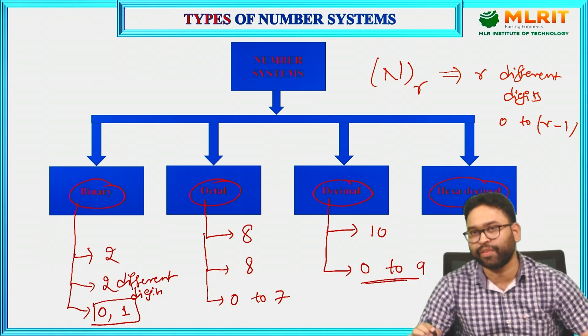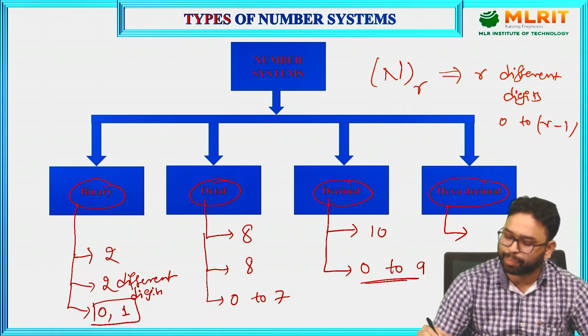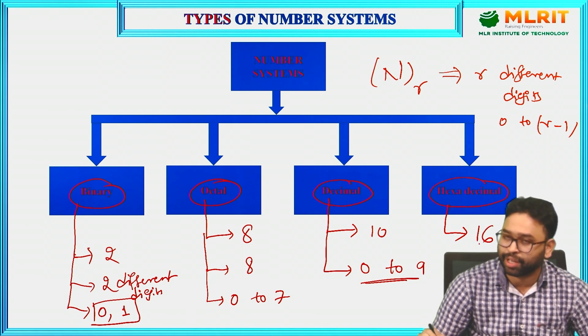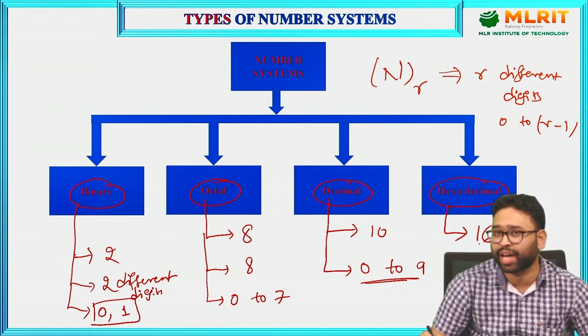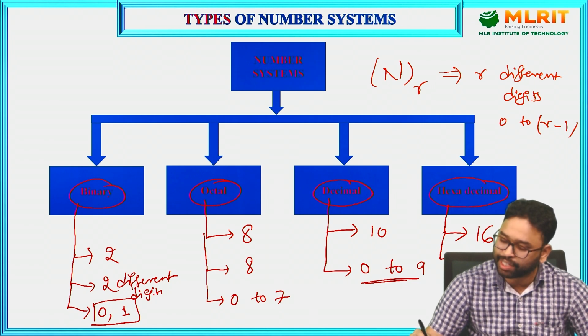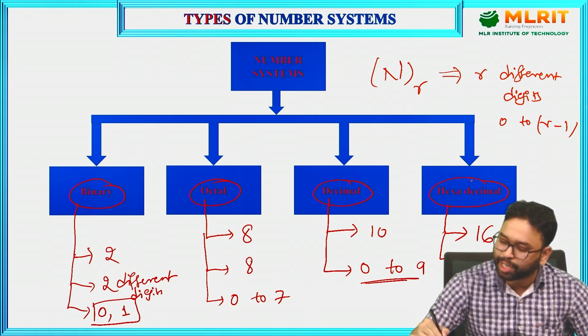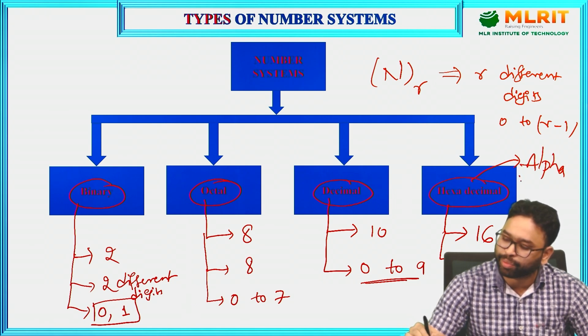In case of hexadecimal number system, the base value is 16. Remember one thing, base is also called radix. We have 16 different unique digits, and this hexadecimal number system is also called the alphanumeric number system.